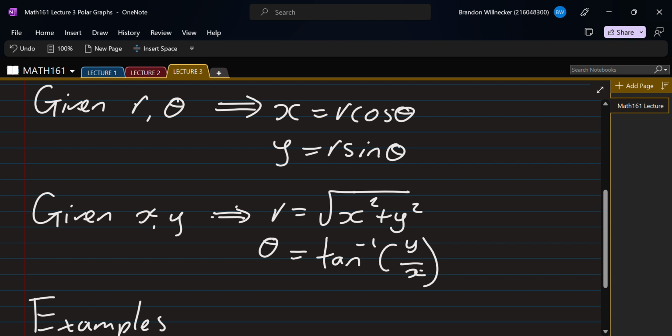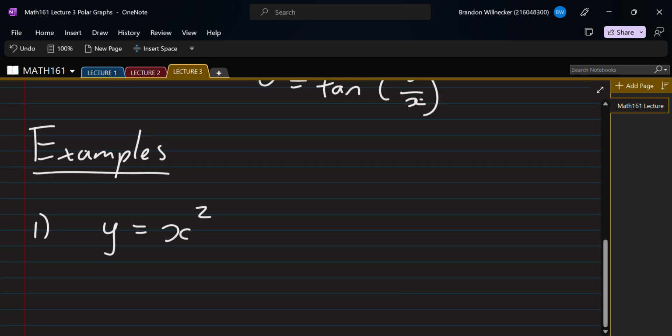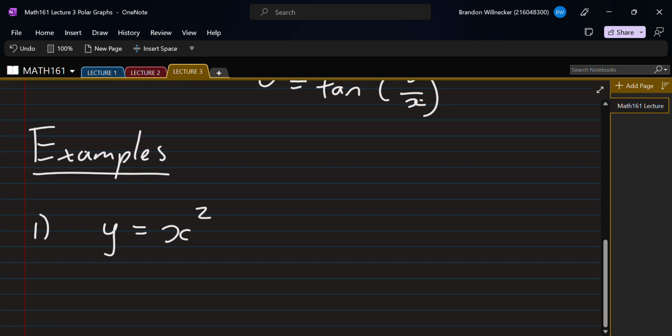So given x and y, this is how we convert. So y is going to be r sin theta, and x is going to be r cos theta, because we want to go back. So this is going to be r cos theta squared.